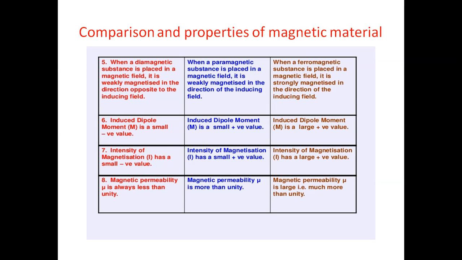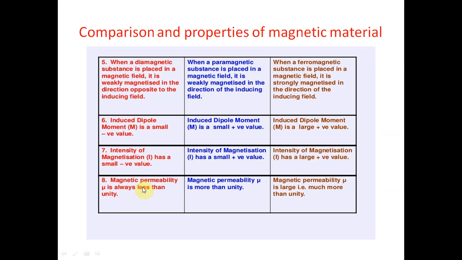Next property is magnetic permeability. Now, what is magnetic permeability? It is the ability of a material to permit the passage of magnetic lines of force through it, and mathematically it is the ratio of magnetic induction to the magnetic force or magnetizing intensity.